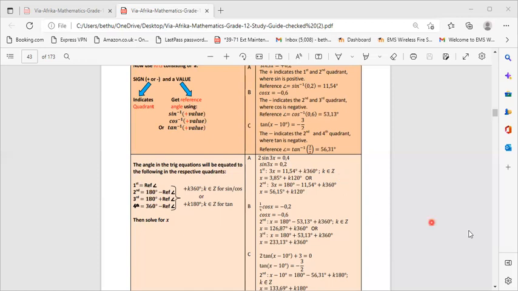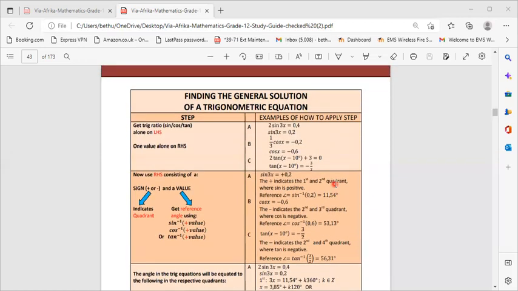The next example that I have for you is, for example, if we were given a third times cos x is equal to negative 0.2. Again, we need to make sure that we get our trig ratio alone on the left-hand side. So tell me, what should we multiply by?